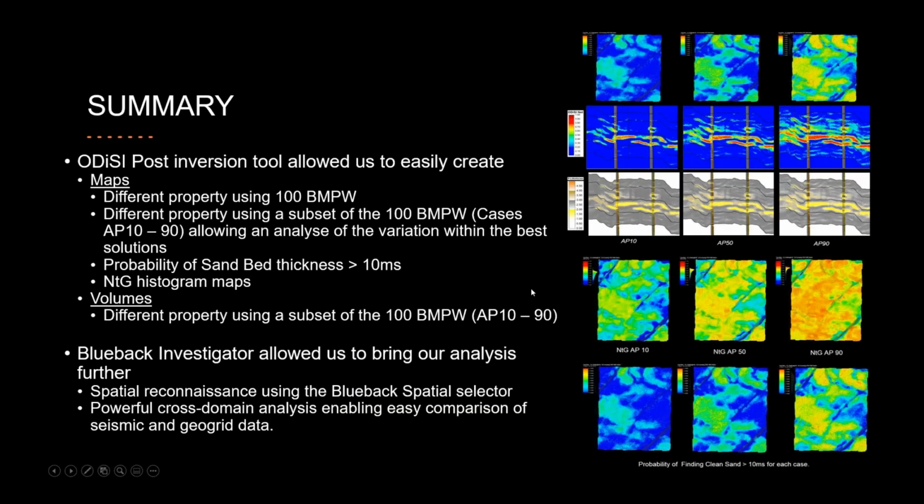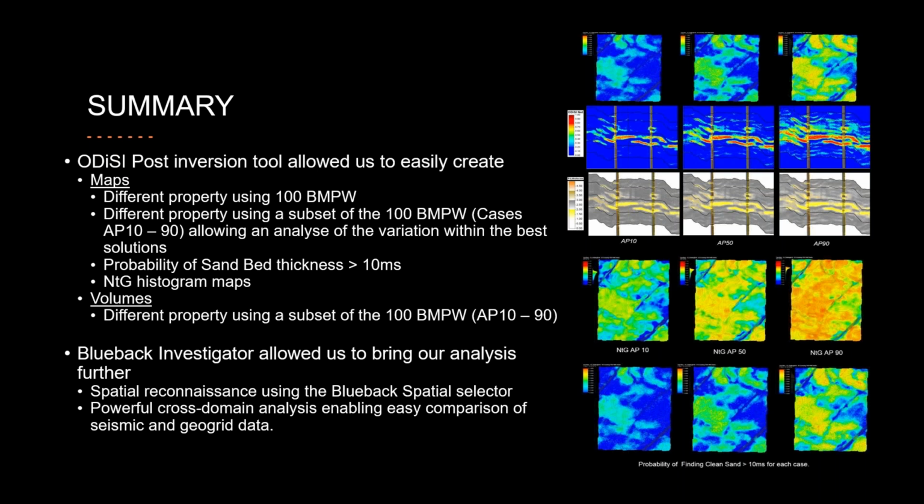As a summary, the ODiSI post-inversion tool allows us to easily create maps, using different properties from the 100 best match pseudo-well. Also on different properties using only a subset of the 100 best match pseudo-well, what we call cases, approximate percentile 10, 50, and 90, for example, allowing an analysis of the variation within the best solutions.